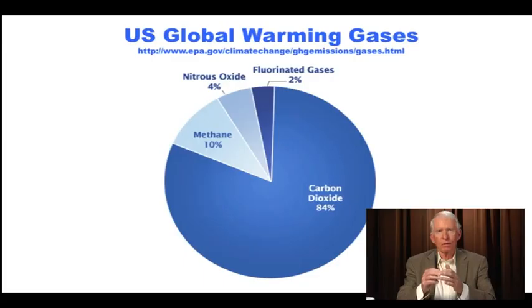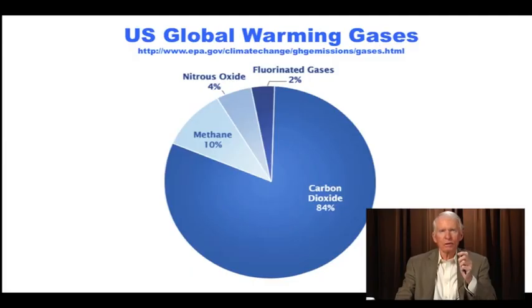But each methane molecule causes about 25 times as much global warming impact as a molecule of carbon dioxide. So all that's got to be factored in. But this is the impact of these gases on our radiation absorbing atmospheric qualities that cause global warming. And so obviously carbon dioxide is the dominant one we need to worry about.